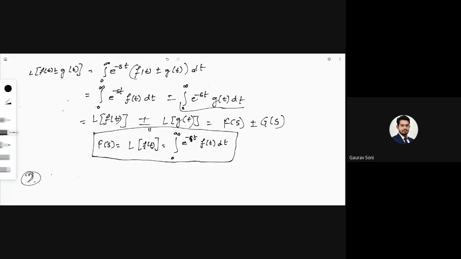The second property: Laplace transform of k into function f of t. Again you can use the same definition of integration, and what we will observe is k can come outside the Laplace transform: k into L of f of t, that will be k into capital F of s.